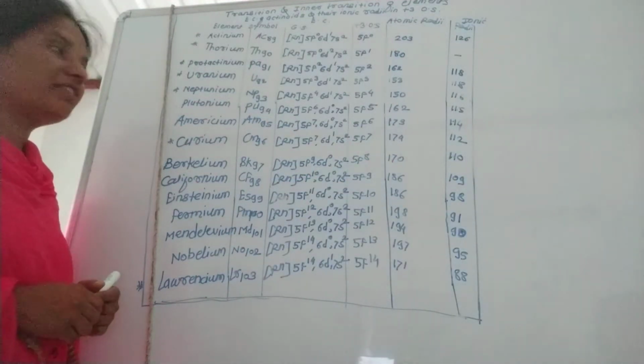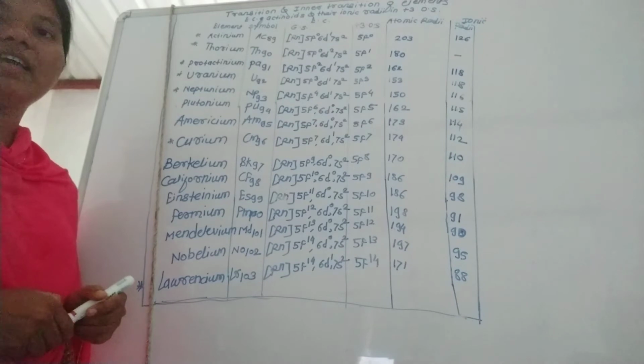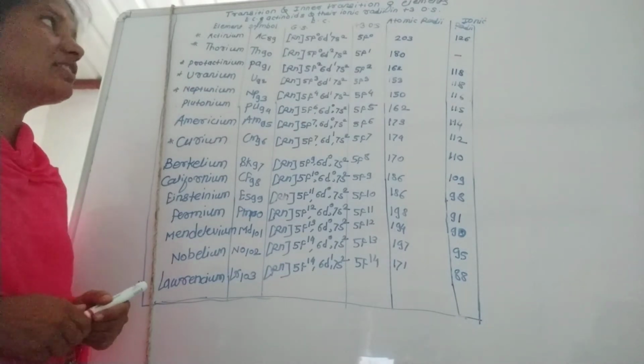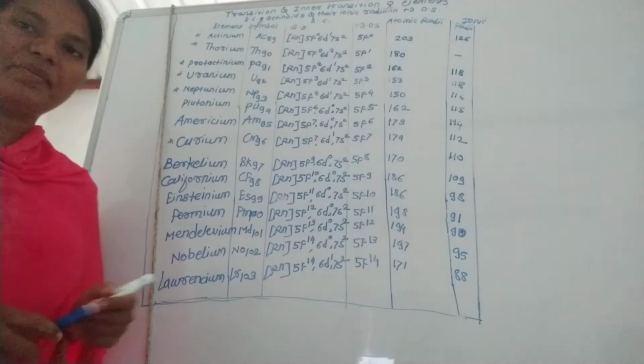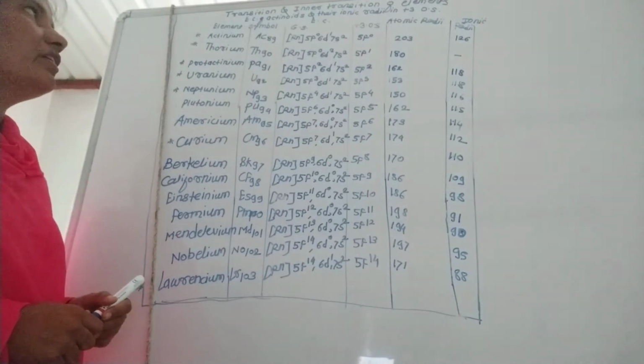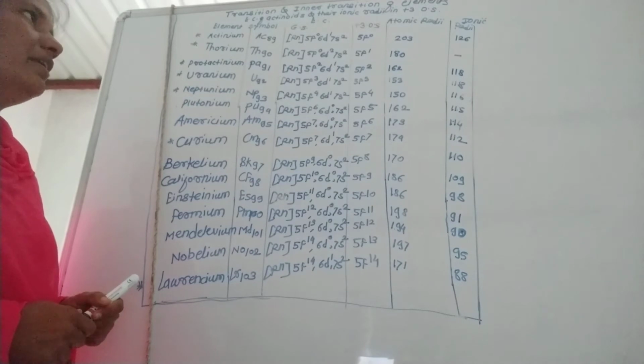Next point from the transition and inner transition elements is the electronic configuration of the actinoid series elements and their ionic and atomic radii.